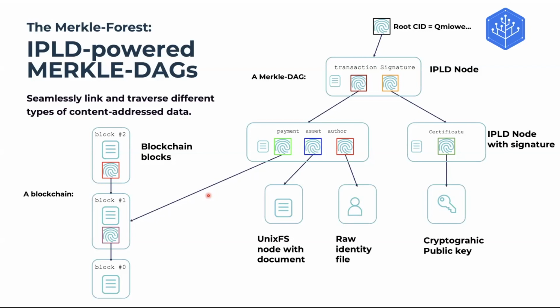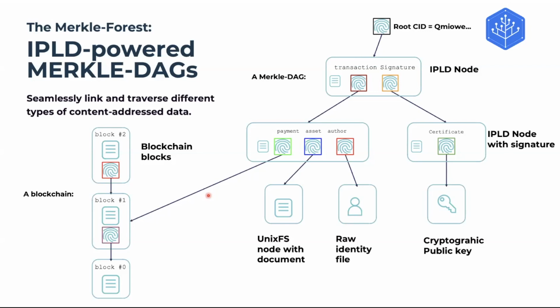So the different parts of the tree could be different chunks of the same file. It could be different versions of a document, just like Git or similar things.